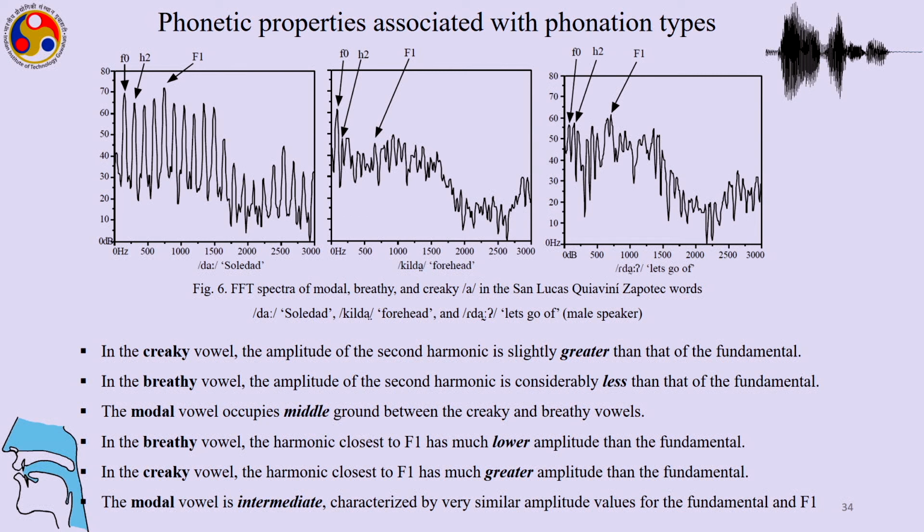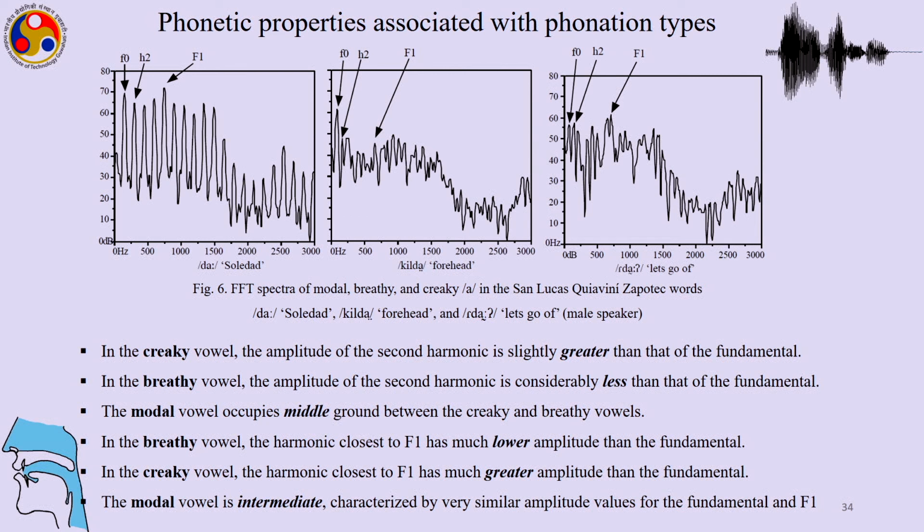And the modal vowel is intermediate. With the regularly paced striations, as we can see, the harmonics are much more regular than in the breathy and creaky, and the modal vowel is characterized by similar amplitude values for the fundamental and F1.